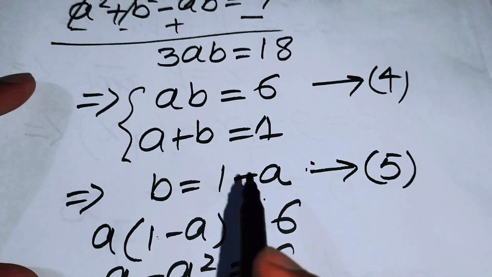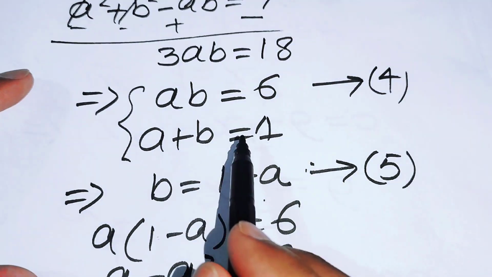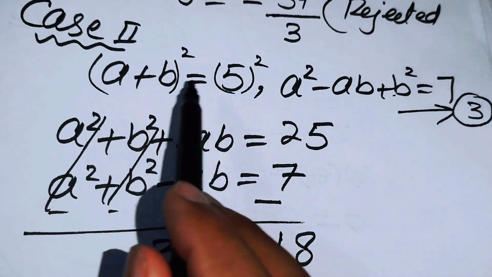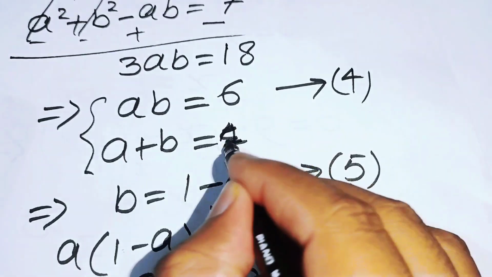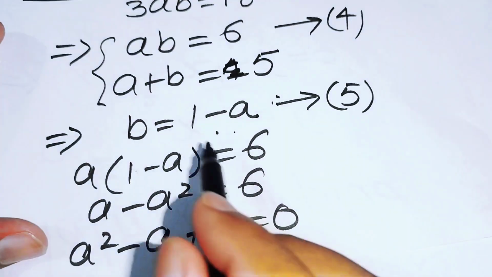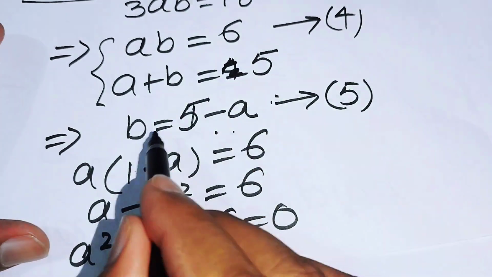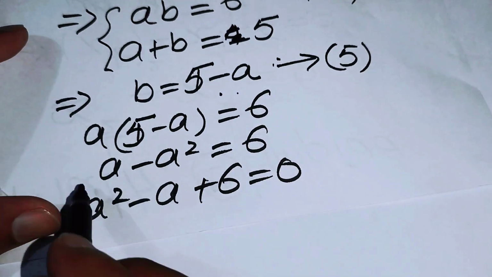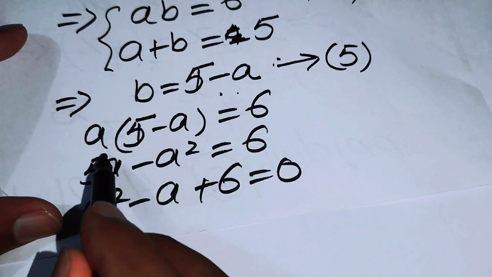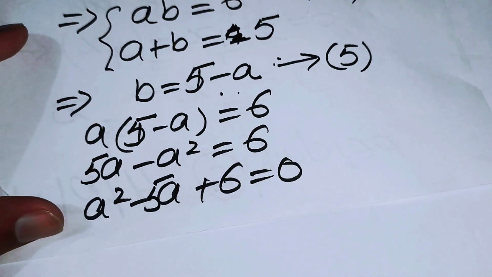Here we made one mistake, because a plus b is equal to 5, so we should use this value. So b is equal to 5 minus a, and this becomes 5a minus a square, so it is minus 5a.